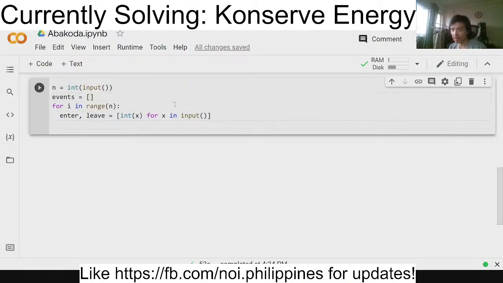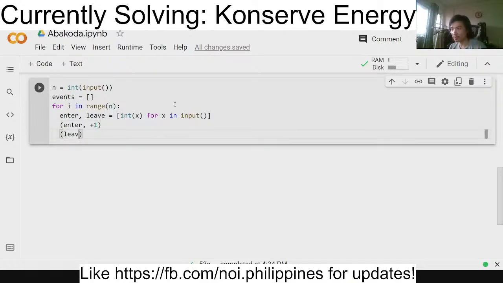So I'm going to say at time enter, a +1 is going to happen at that time. And then at time leave, a -1 is going to happen at that time. And I want to store that information, so let me do it this way.